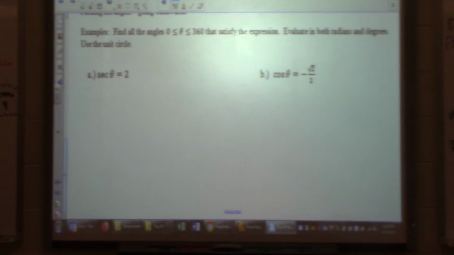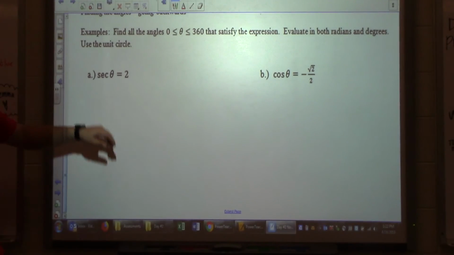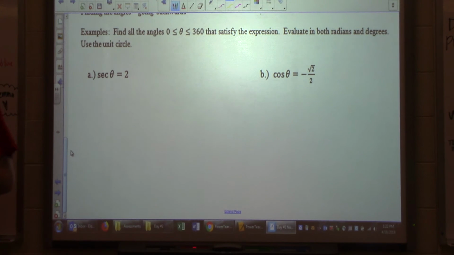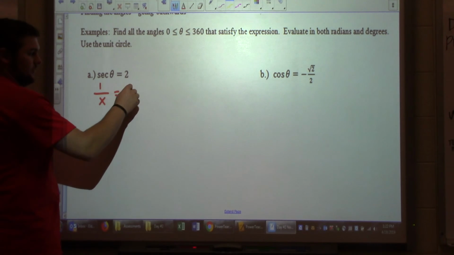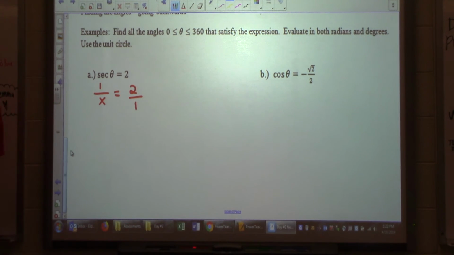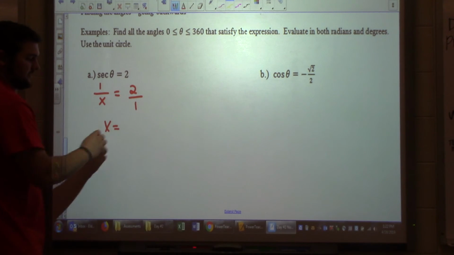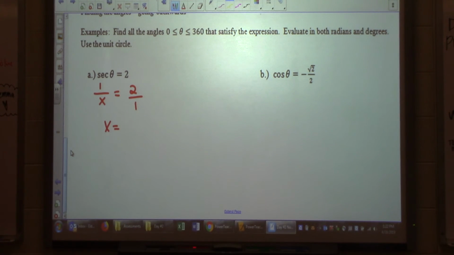So let's look at secant theta equals 2. How we're going to do this is, what is secant theta the same as in terms of x and y? 1 over x. Well, 1 over x has to equal 2 over 1. If 1 over x equals 2 over 1, what does x have to equal? 1/2, right?